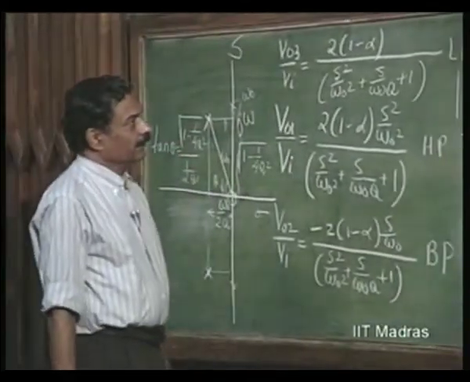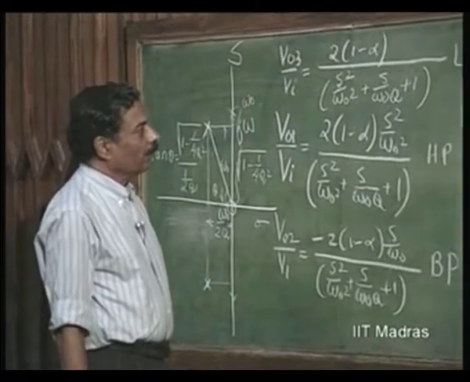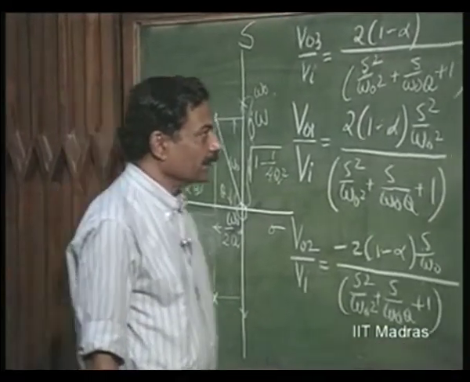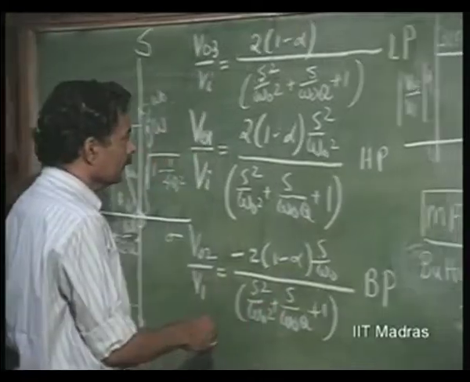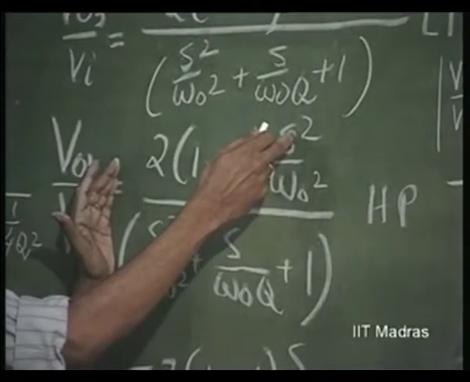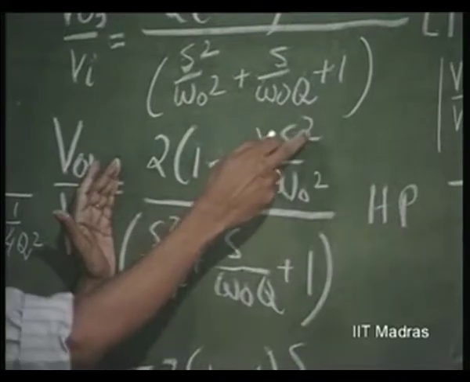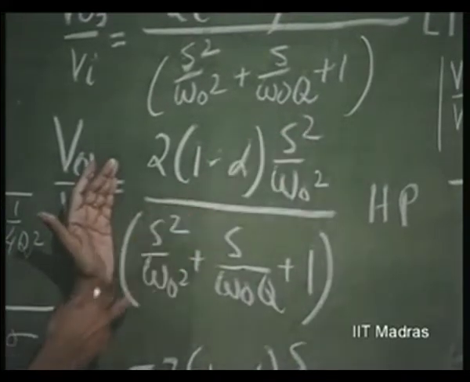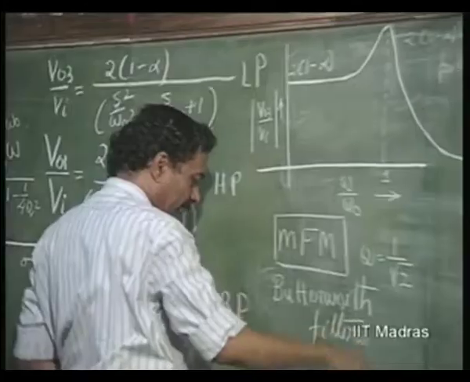So, that is as far as low pass is concerned. As far as high pass is concerned, you can see at s is equal to j omega, omega going to infinity, this becomes 2 into 1 minus alpha. These two get cancelled. So, it will be following.